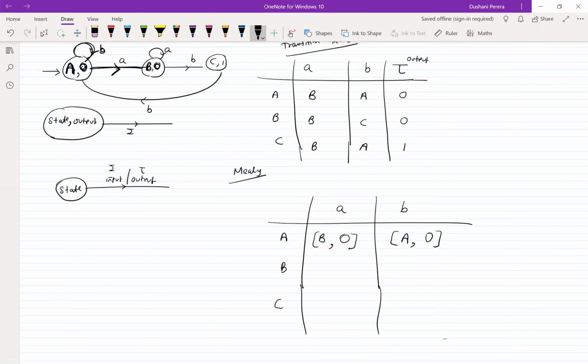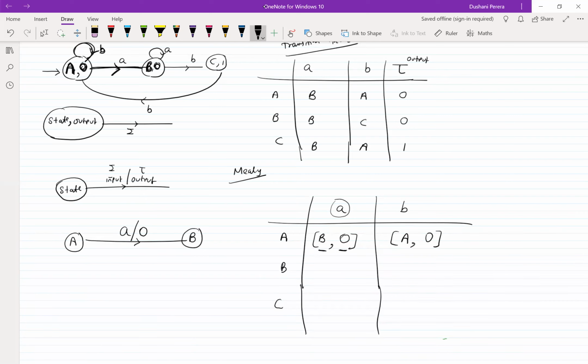Like you have A, then you draw B, then on your transition, you say this happens with a, and what should be printed is 0. This is how we draw what we are doing in this table. Okay, you associate the transition with the output symbol. So you do the state here and the output here, and when you draw the diagram, you associate it with the transition.